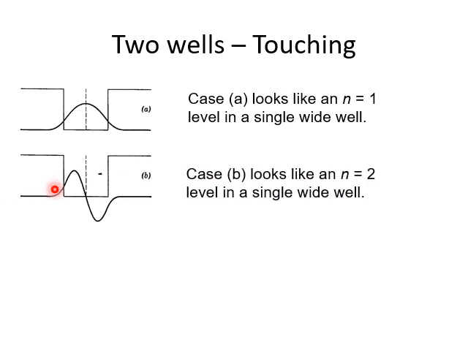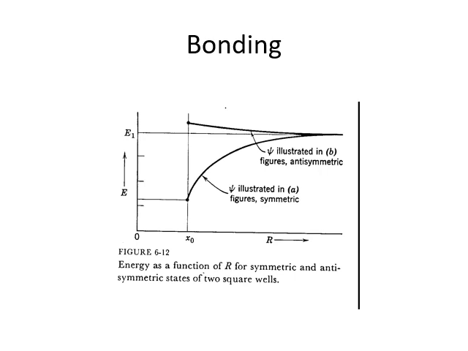And I just have a slide in here that emphasizes that. The case B, this one here, looks like the n equals 2 level in a single wide well. If we make a sketch of what the energy for those two states looks like, then we would see something like this.